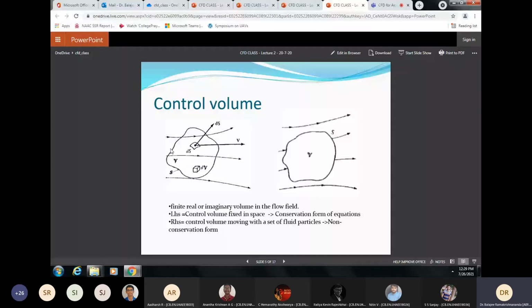Now this volume is enclosed by a surface. That surface can be divided into very small surfaces, each of area dS. And the velocity may not be in the direction of the normal, it may be in some other direction. So each of these small volumes has surfaces. The whole volume has a big surface.